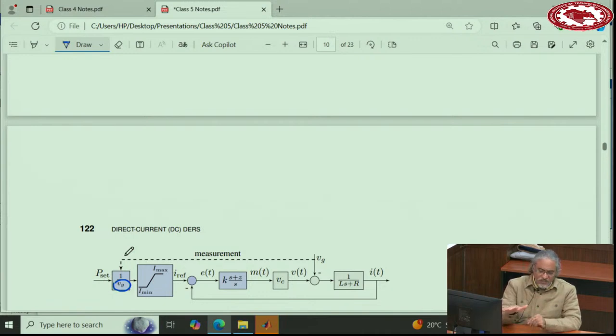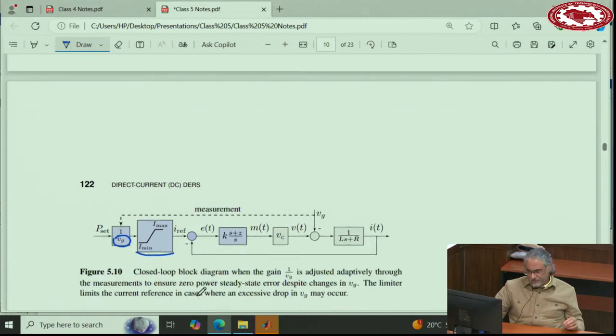And in this system, this is the scenario where you ask the converter to generate a lot of current. So in order to prevent that from happening, you put the limiter here between min and max. This is the way to limit the current. So we limit the reference of the current, and if the control is fast, it will limit the actual current.